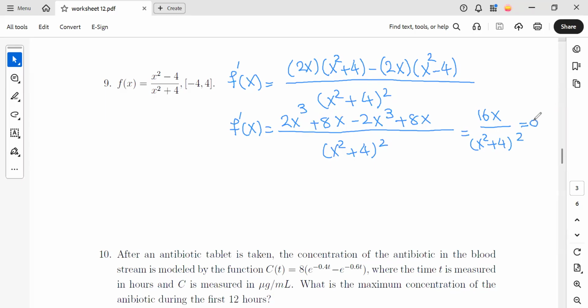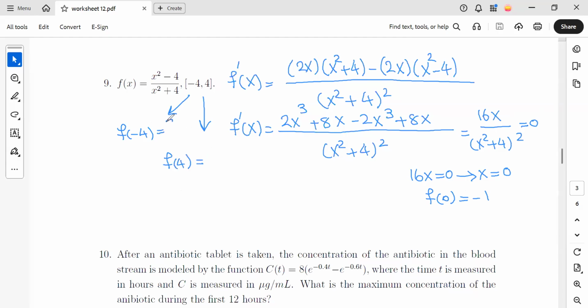And if this one is 0, it means that 16x is 0. It means that x is 0. And we know that f of 0 is -1 because it will be -4 over 4. Now it is time for finding f of -4 and f of 4.